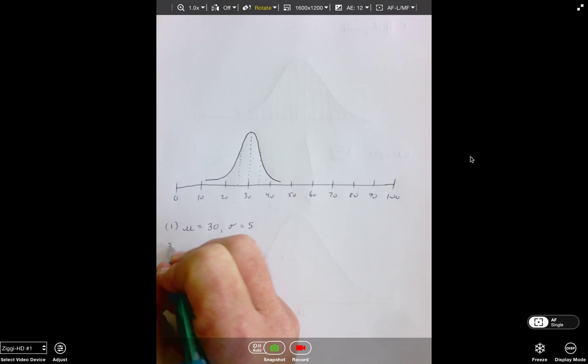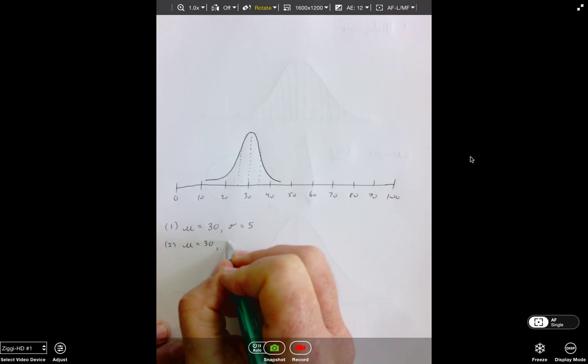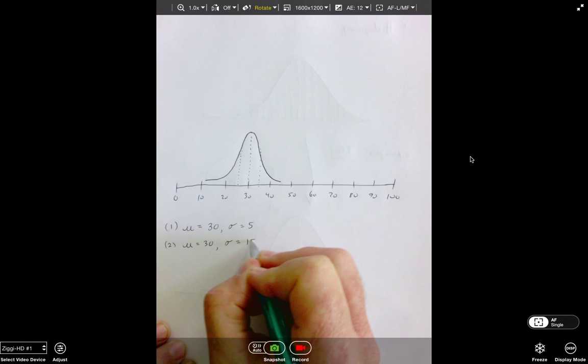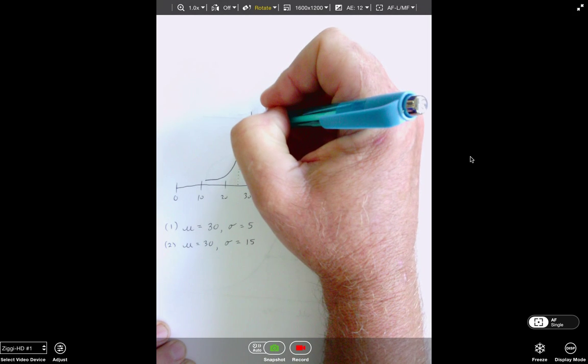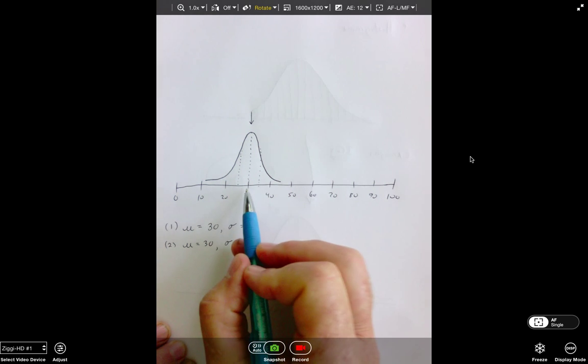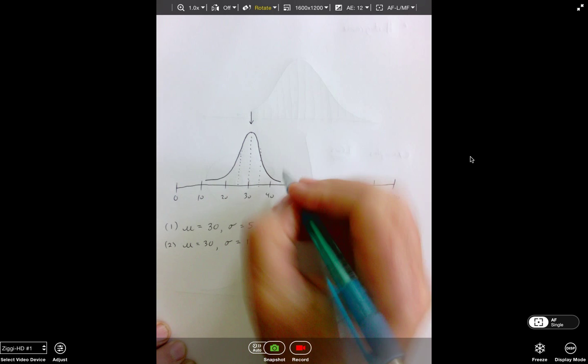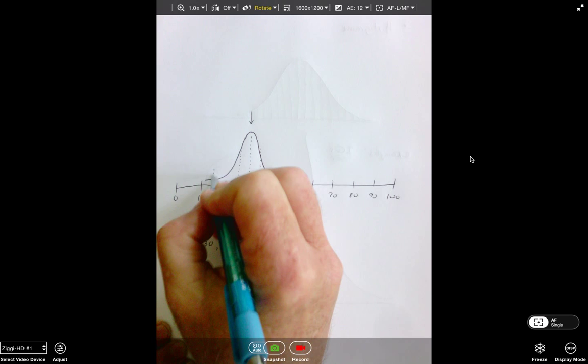Now, let's contrast that with the same mean of 30, but with a much larger standard deviation. We've still got our focus on the center at 30, but our standard deviation of 15 says we have to go 15 units above and 15 units below.